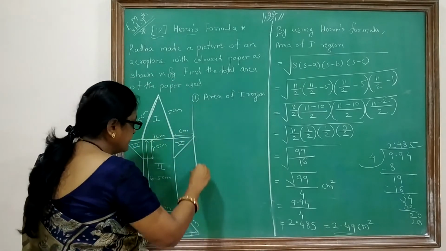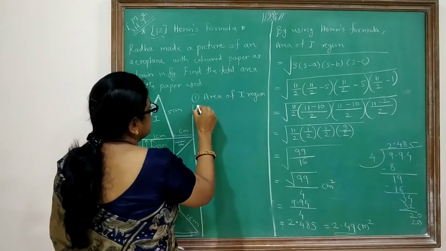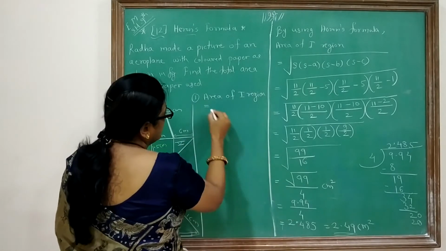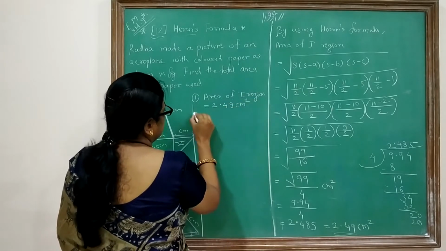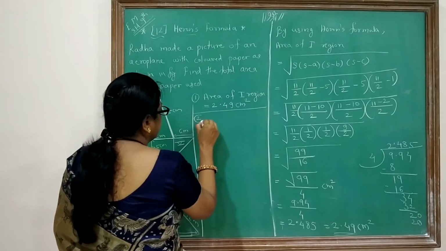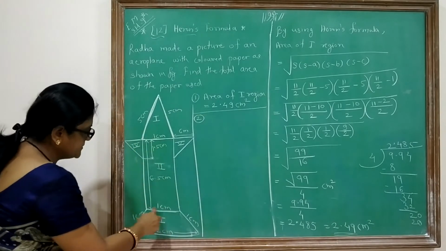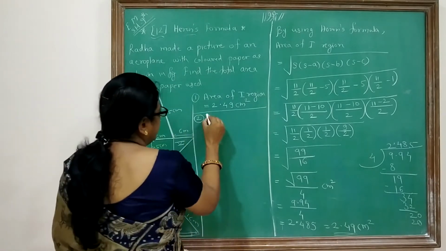You will write here the answer, which is equal to 2.49 centimeter square. Then the area of the second region.